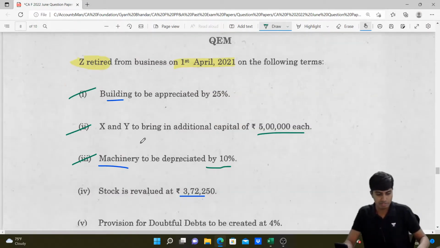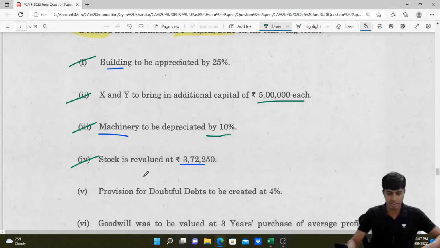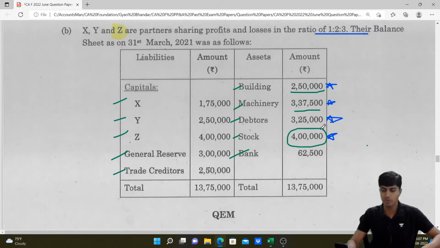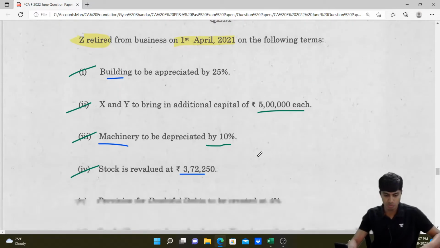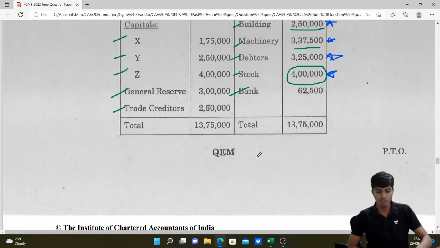Then what do we have? Next adjustment. Stock is revalued at 3,72,250. So come down here. Stock is right now at 4 lakh. We need to revalue it to 3,72,250. Let's do 4 lakh minus 3,72,250. That gives me 27,750 of revaluation.